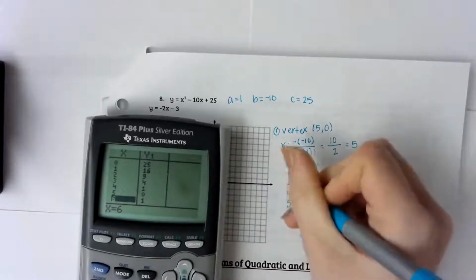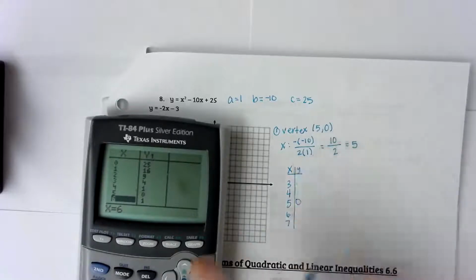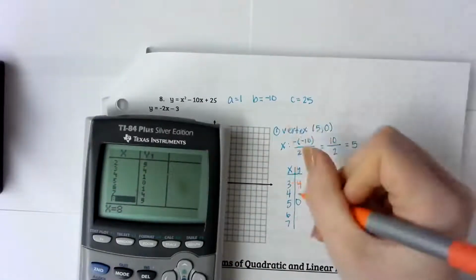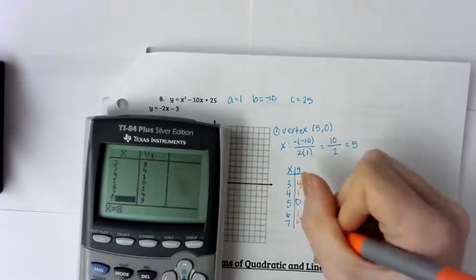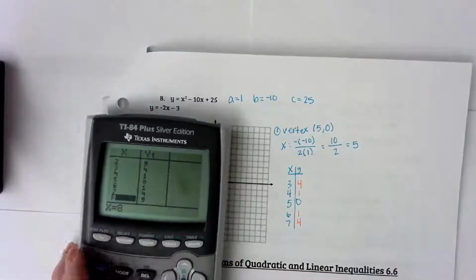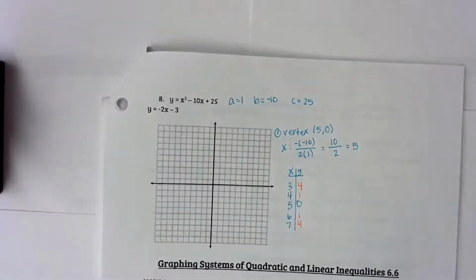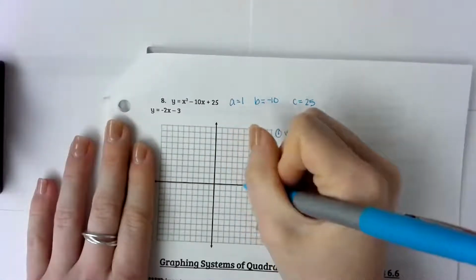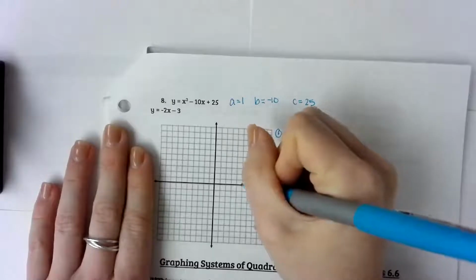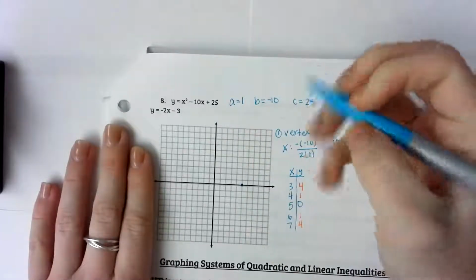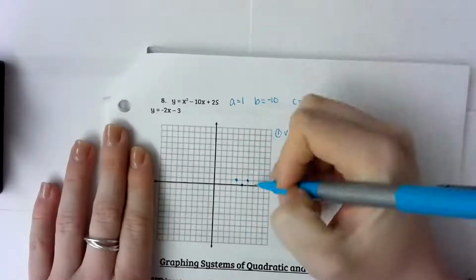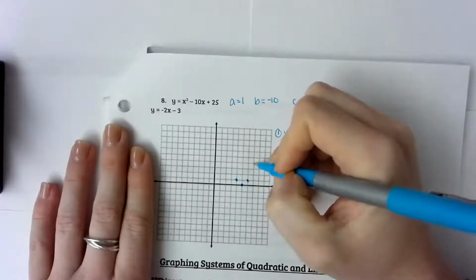So 4, 3, 6, and 7. So 3 is 4. 4 is at 1, and then they just mirror. So 5, 0, and 4, 1, and so on.